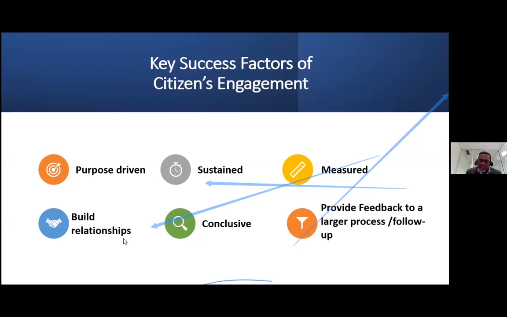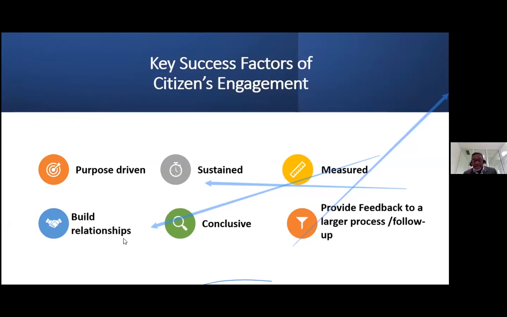Have we shifted an opinion? Have we shifted the needle? Have we been able to drive a particular policy? Have we been able to change a particular law? It is possible we have exhaustive engagement, but at the end of the day, nothing changes and nothing happens. But it should be conclusive. Conclusive may not mean total agreement, but at least we know where we stand on a particular thing and we know where the gaps are.